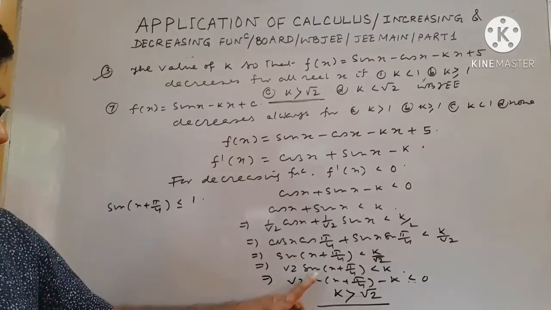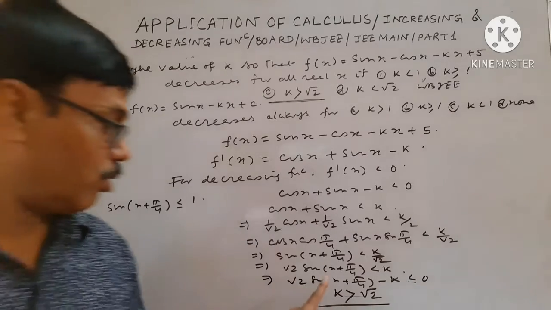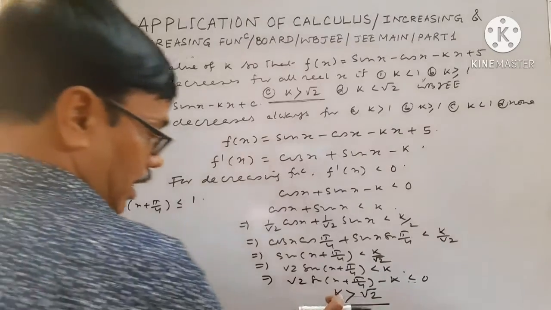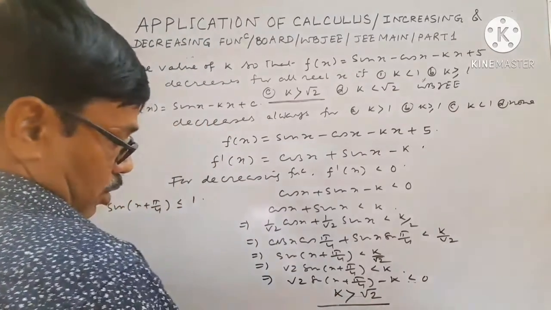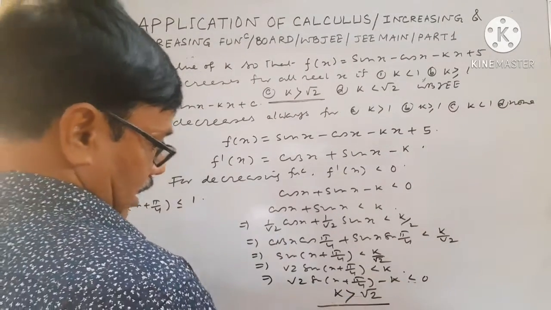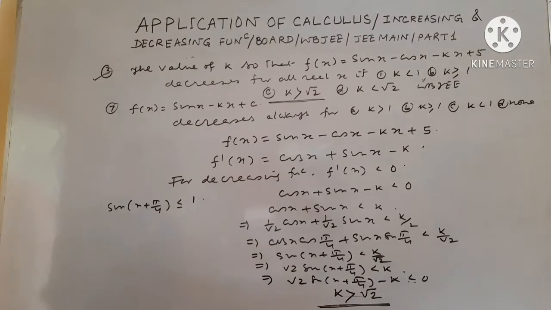Now this is always less than or equal to root 2. To make this negative, k must be greater than root 2. If it is greater than root 2, then the total thing is negative. So k will be greater than root 2.